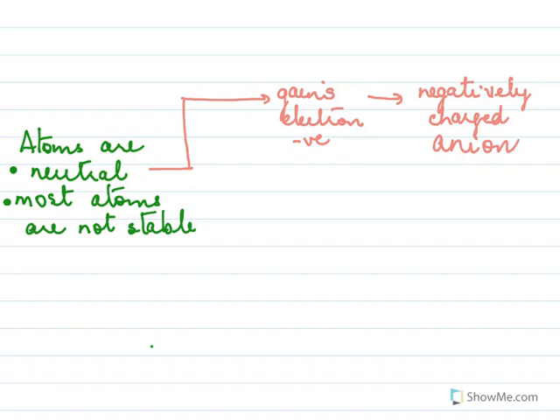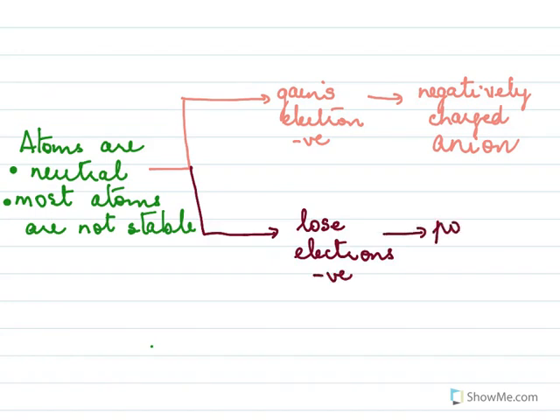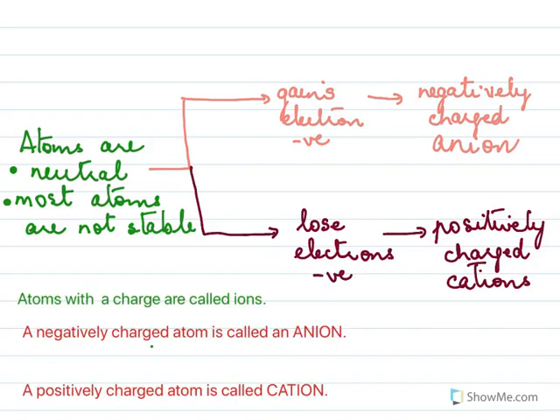But there could be a case when sometimes atoms lose electrons. Losing electrons means they lose a negative charge, and if they lose a negative charge, they become positively charged. And such positively charged atoms are called cations. So atoms with a charge are called ions.